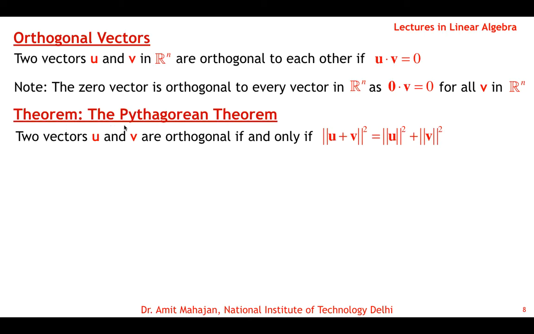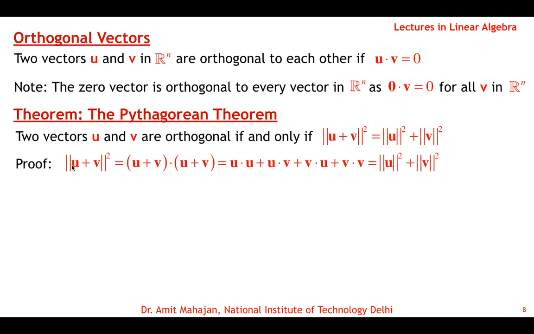A small theorem, the Pythagorean theorem, says that two vectors u and v are orthogonal if and only if the length squared of u plus v is the same as the length squared of u plus the length squared of v. The proof of this is simple. If we start with the left hand side, then the norm squared of u plus v is the same as the dot product of this vector with itself, so u plus v dot u plus v.